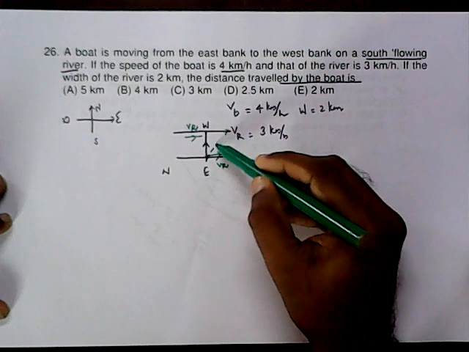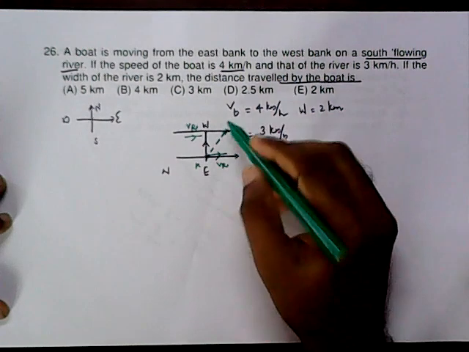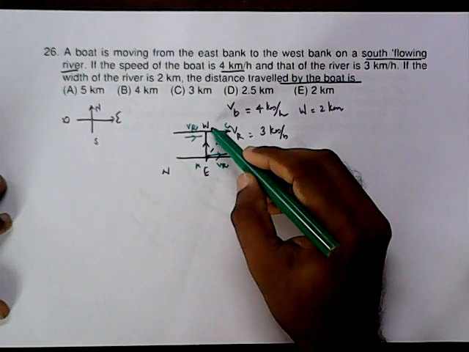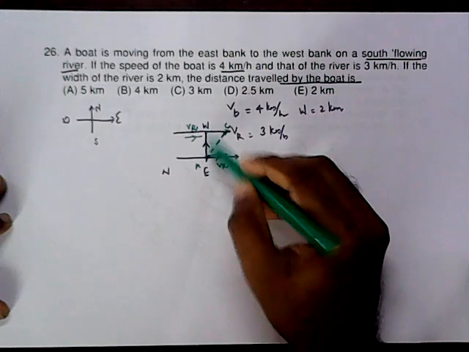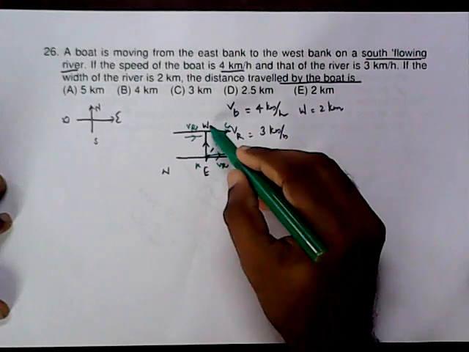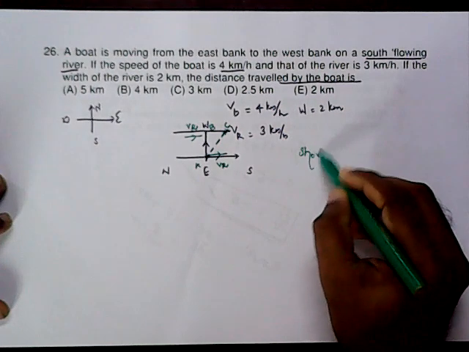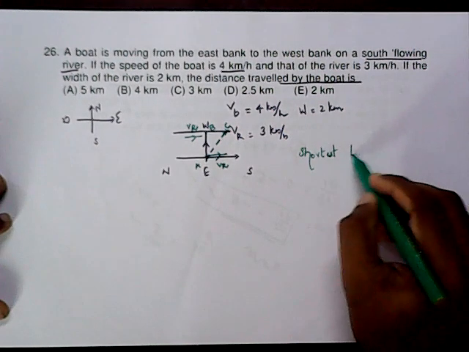So that is a very important concept. Actually, the boat is moving perpendicularly, but reaches the point C. So we can consider this as the shortest time case for the river flow.